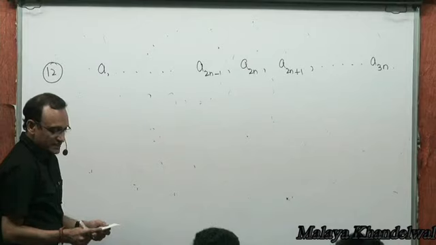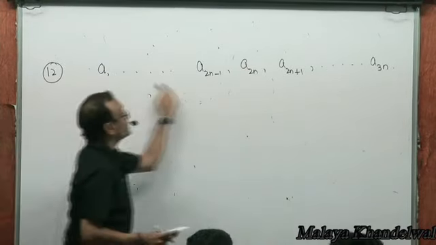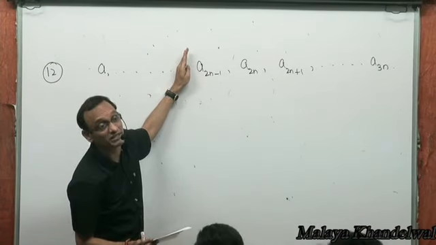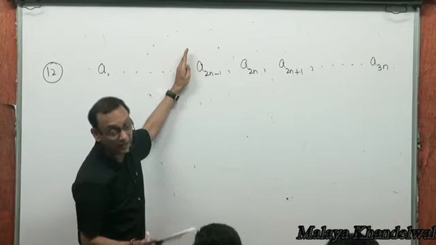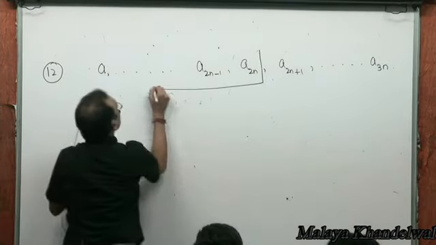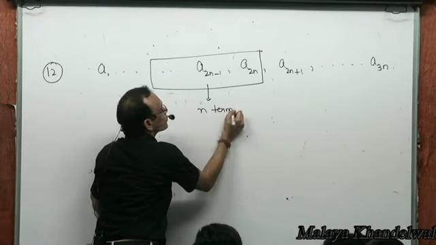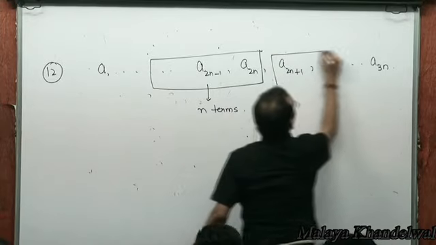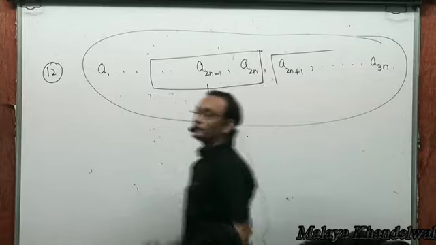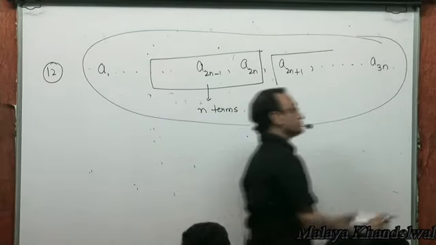We want to show that the sum of the latter half of the first 2n terms, that means the sum of the last n terms of the first 2n terms, is 1/3 the sum of the first 3n terms. That's what we want to show, right? Okay.